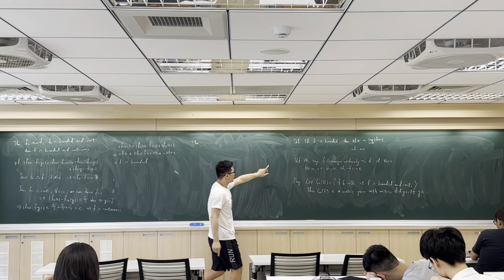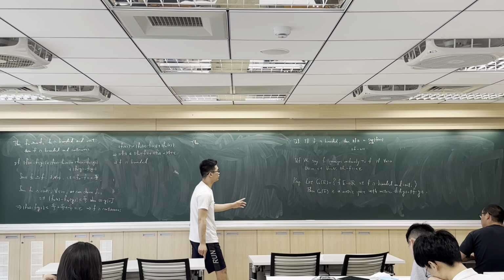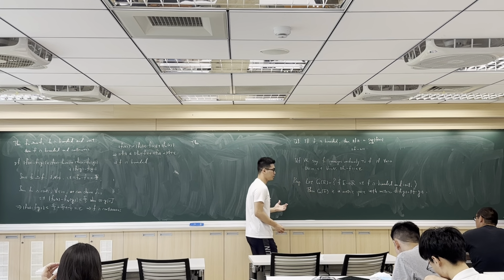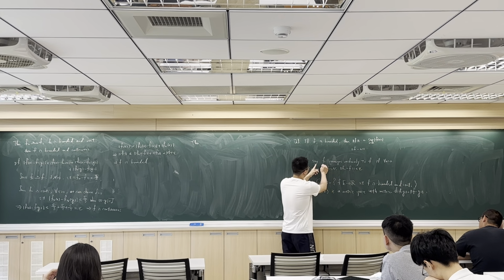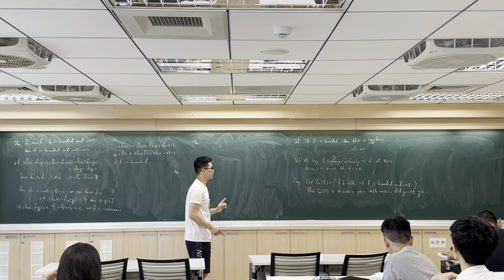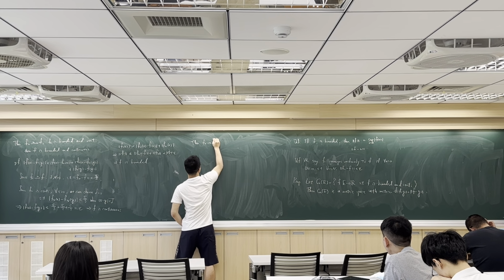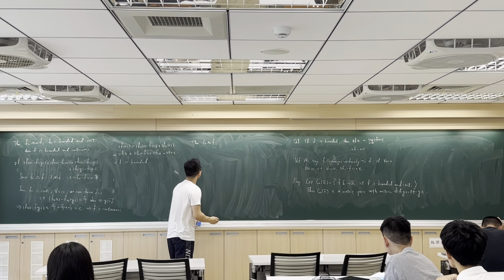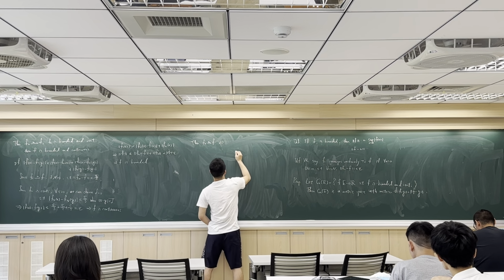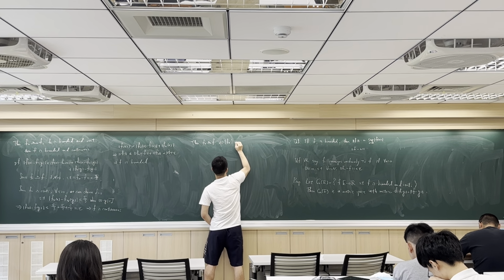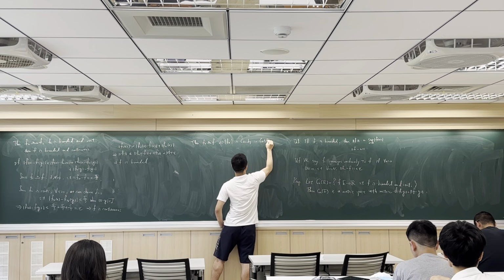Next, we show that the uniform convergence of Fn is equivalent to the Cauchy sequence in the function space. So if Fn converges uniformly to F, then such a sequence is a Cauchy sequence in the function space, and only if Fn is Cauchy in function space.